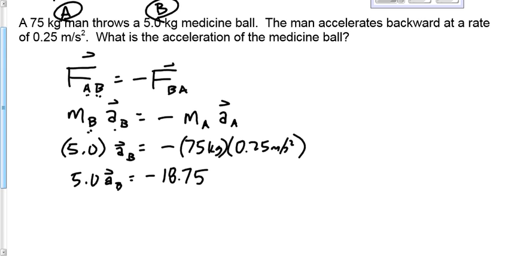That's going to give me what? Almost 4. It gives me negative 3.75 meters per second squared.